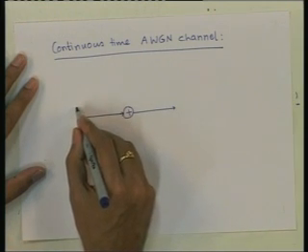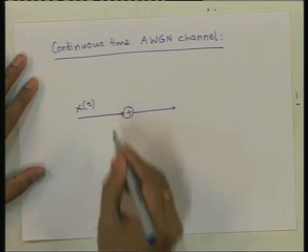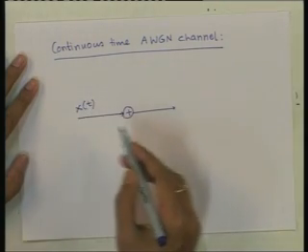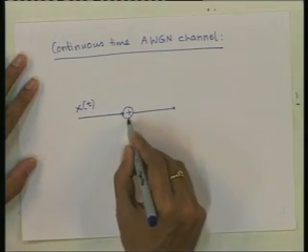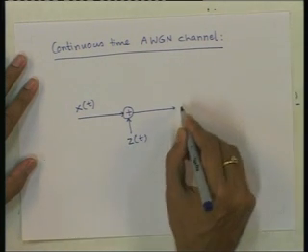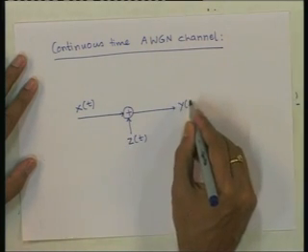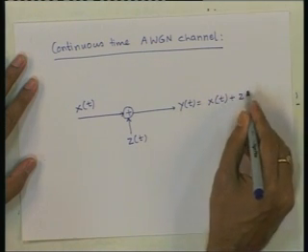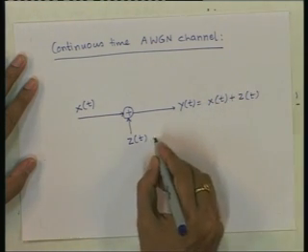So, x(t) is a random process, the transmitted signal, this is the noise signal, and this is the received signal. This is x(t) plus z(t). This is noise.